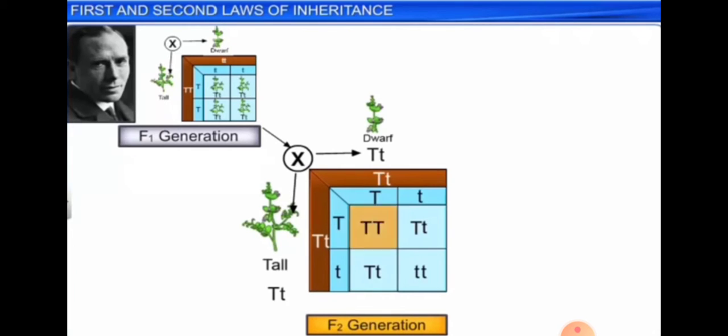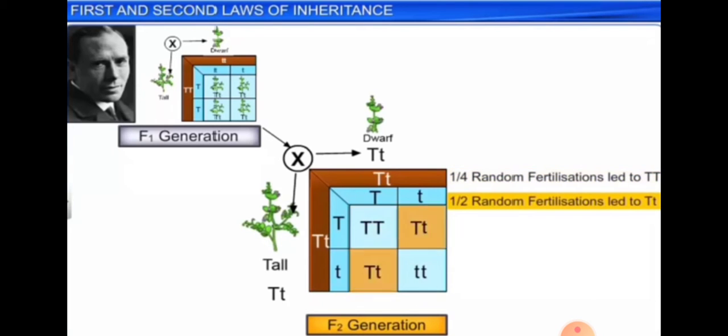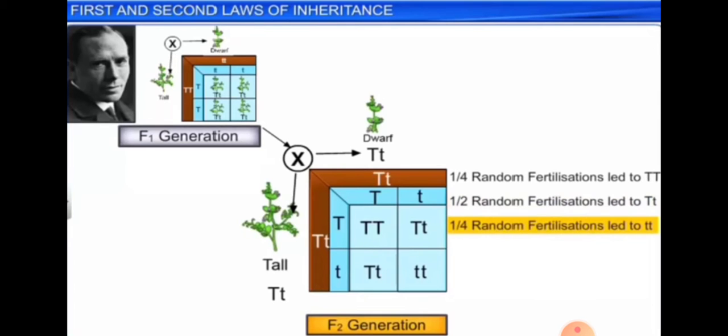Thus random fertilization results in zygotes of genotypes capital T capital T, capital T small t, and small t small t. From the Punnett square, you can also see that 1/4 of the random fertilization has led to capital T capital T, half has led to capital T small t, and finally 1/4 has led to small t small t.